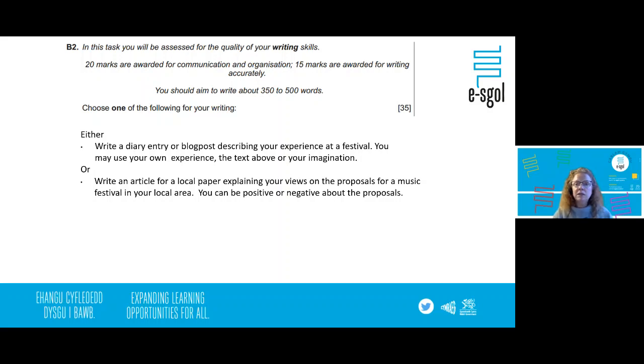Now, because last week we did everything related to festivals, I've chosen to do the writing tasks this week on the festivals. So if you want ideas for your writing, you could go back and check the reading resources from last week and you will find material on festivals. There were 5 different texts about festivals. Because that's how the exam works. They will give you texts on a topic.